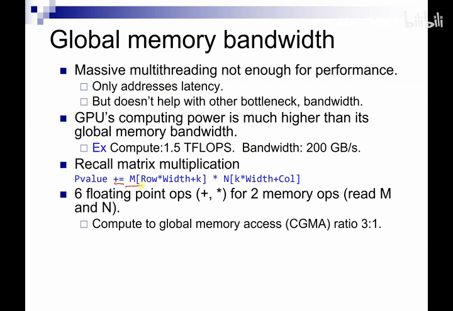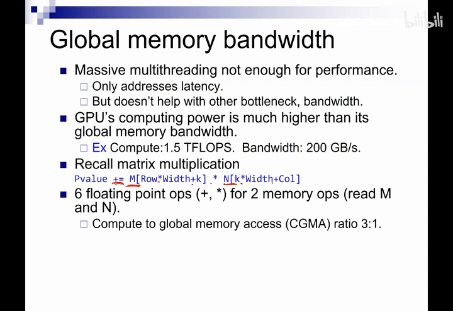For example, it's going to read from matrix M and then N. In total, if you count this up, we are doing a total of 1, 2, 3, 4, 5, 6 floating point operations, and to do that we need to do 2 memory operations: read from M and read from N. These are stored in global memory, because these matrices are too large to store in something like shared memory.